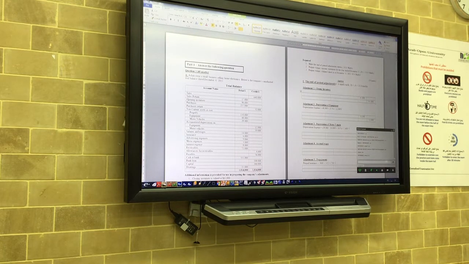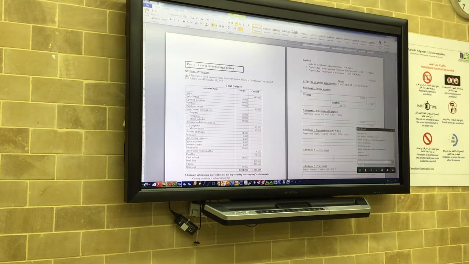So here you will write debit inventory and credit inventory. But in debit you will write what? Balance sheet, and for credit you will write income statement.